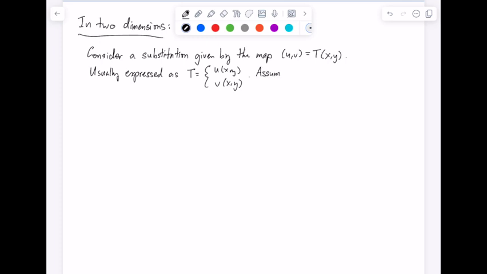For change of variables to work in integration, we're always going to assume that these functions u and v are both continuously differentiable. So this is a technical condition that we won't worry about too much for the rest of this course.